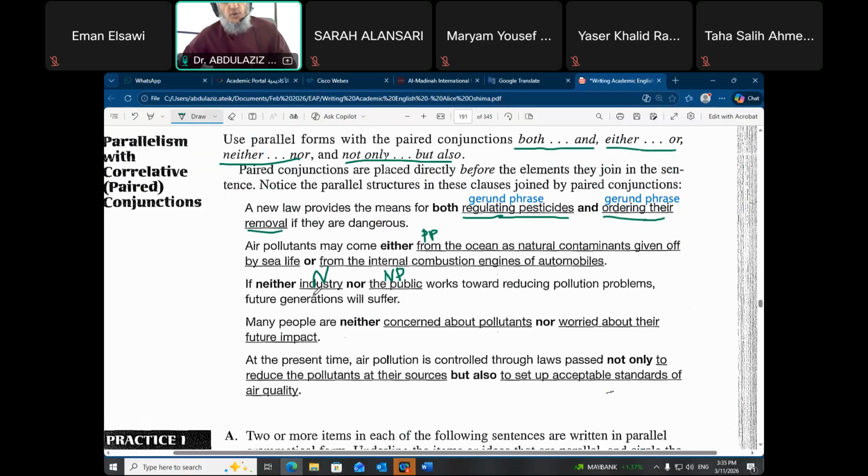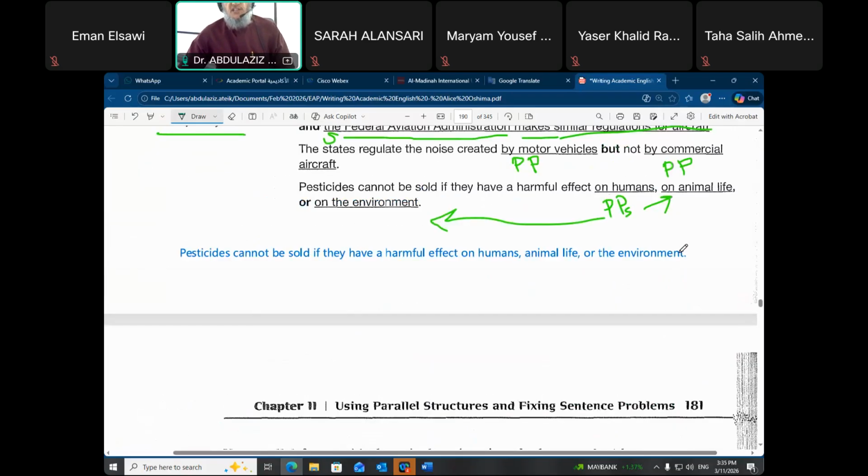So noun and noun phrase. I told you before that's acceptable. This is only noun. This is noun phrase. This also noun phrase. This is acceptable because noun and noun phrase are similar in type.